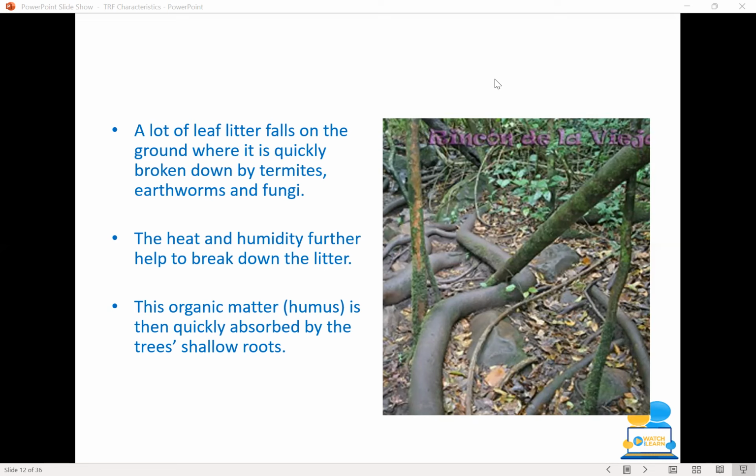The trees have adapted to the quick nutrient cycle and the very thin soils by keeping their roots very close to the surface so that they can soak up those nutrients really quickly before they're gone and before they're washed away by the rainfall in the Amazon rainforest. That's what keeps them healthy and keeps the trees growing upwards. So it's a clever adaptation by the trees in order to survive in this particular biome.